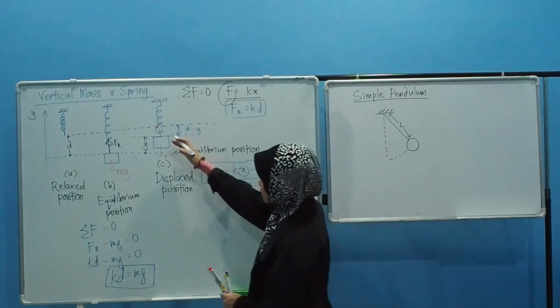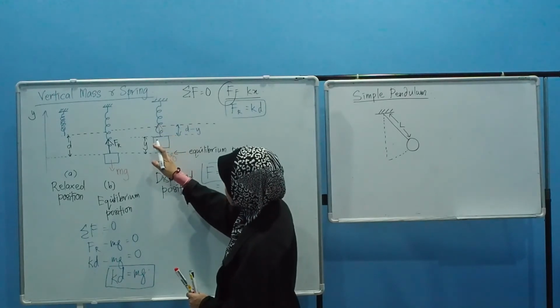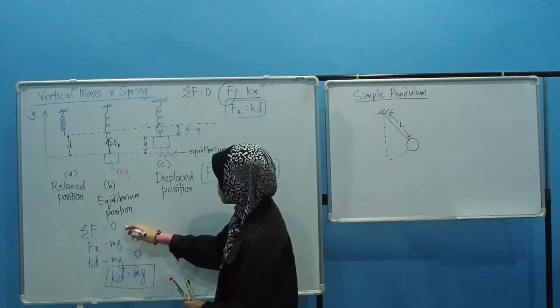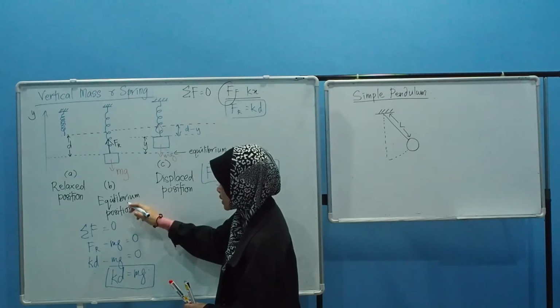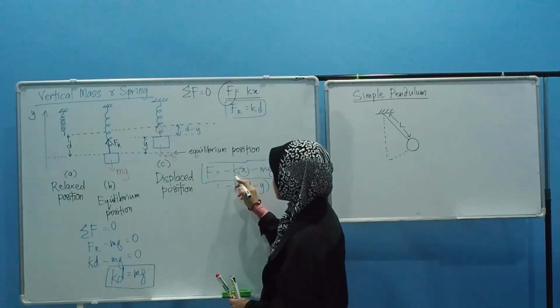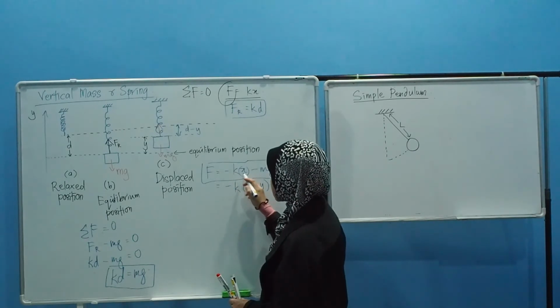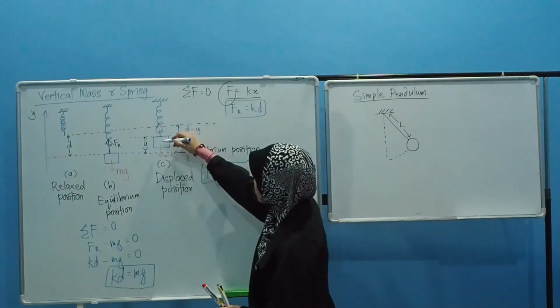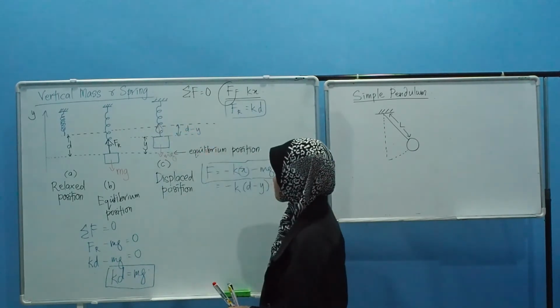F here, for this one, the net force is not equal to 0 like it is in equilibrium position. But for this one, F is equal to minus Kx, the restoring force, minus mg.